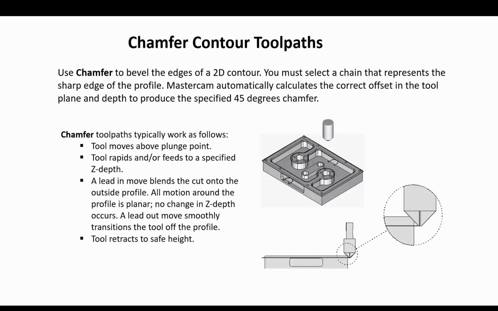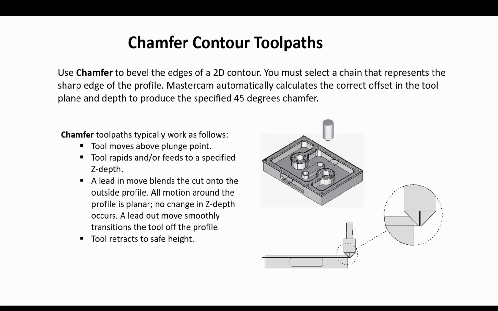Use a chamfered contour toolpath to bevel the edges of a 2D contour. You must select a chain that represents the sharp edge of the profile. Mastercam automatically calculates the correct offset in the tool plane and depth to produce the specified 45 degree chamfer. Chamfer toolpaths typically work as follows.